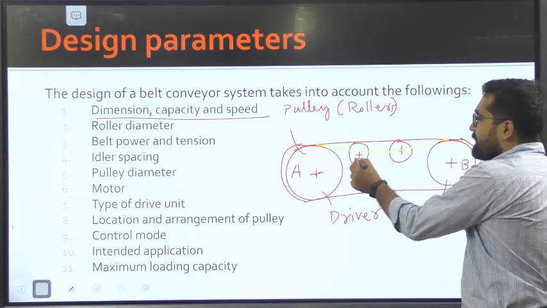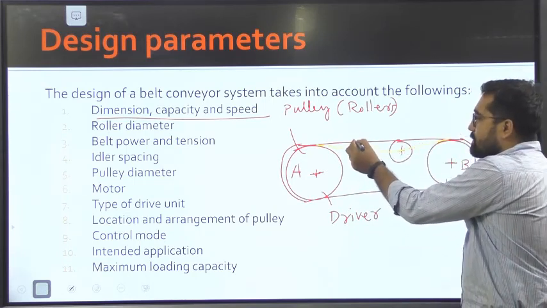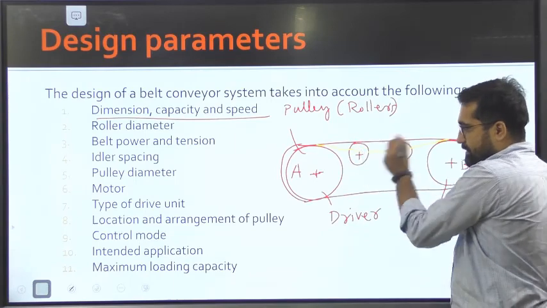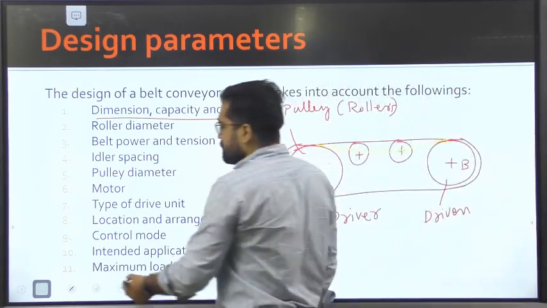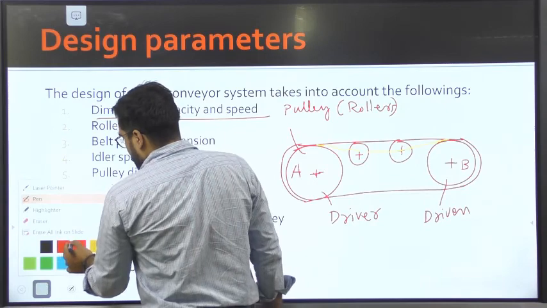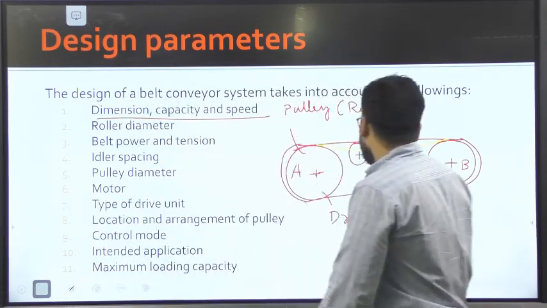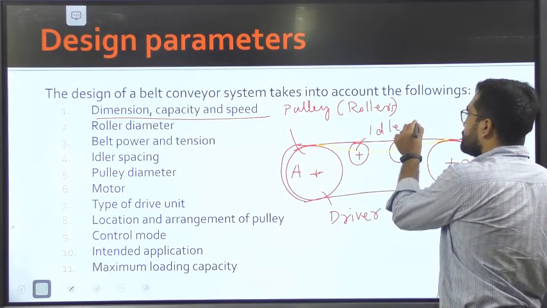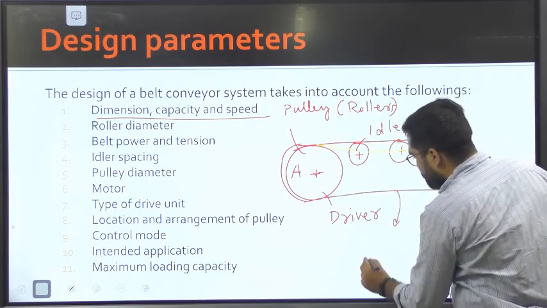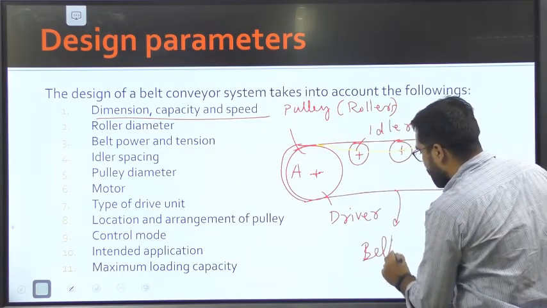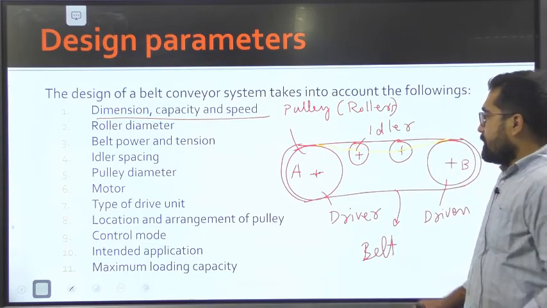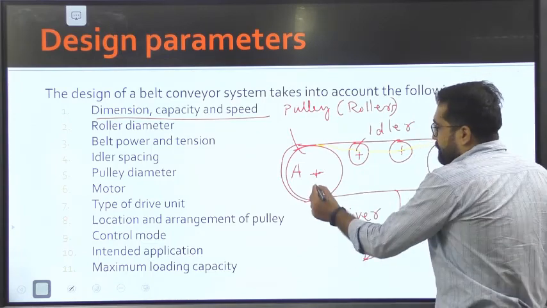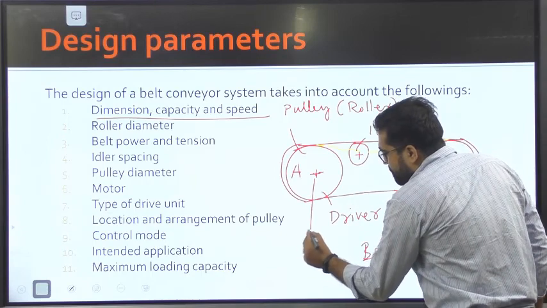To overcome this sagging, we use idlers so that the belt is always in tension. So these will be the idlers. This is the belt. Then the driver will be attached to a motor.